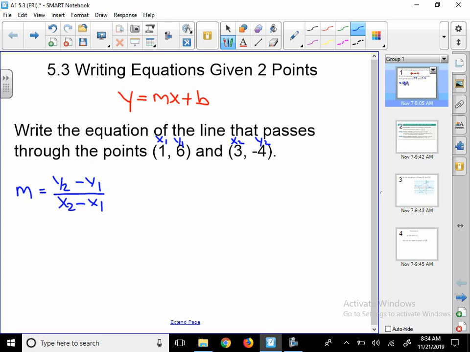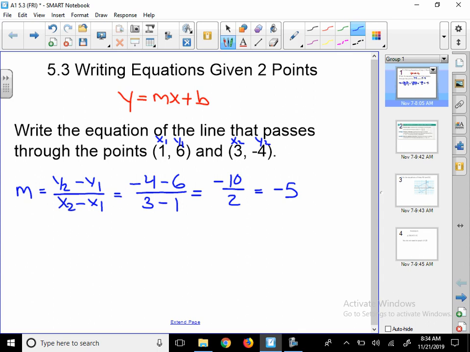I just usually look to see if there's a way that I can get easier subtraction, I go for that. Otherwise, it's not really a huge deal. So for my slope, I'm going to take -4 minus 6 divided by 3 minus 1. Which, when I subtract those, I get -10 divided by 2, also known as -5.